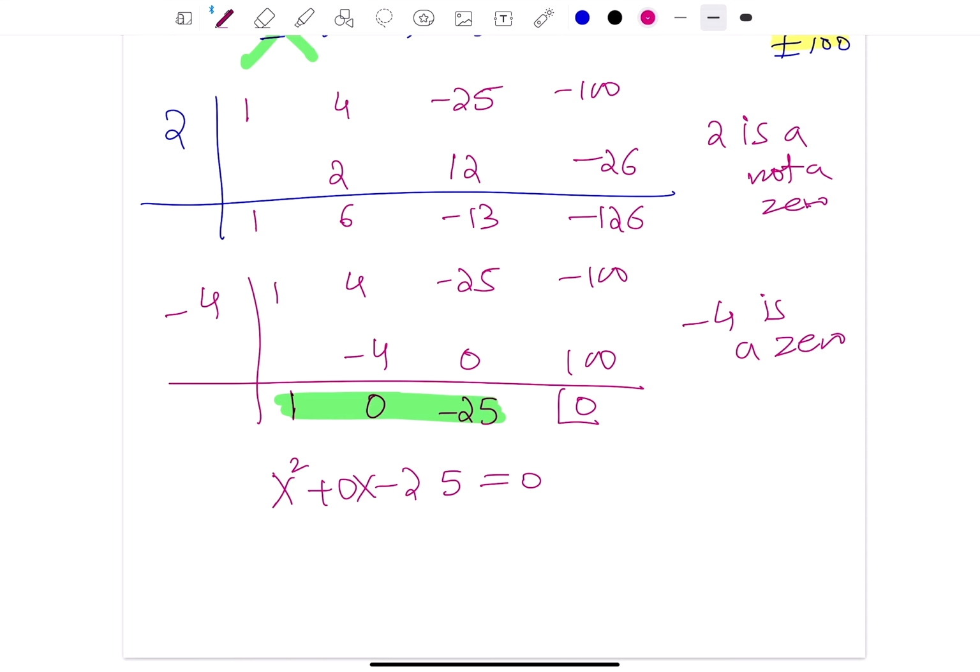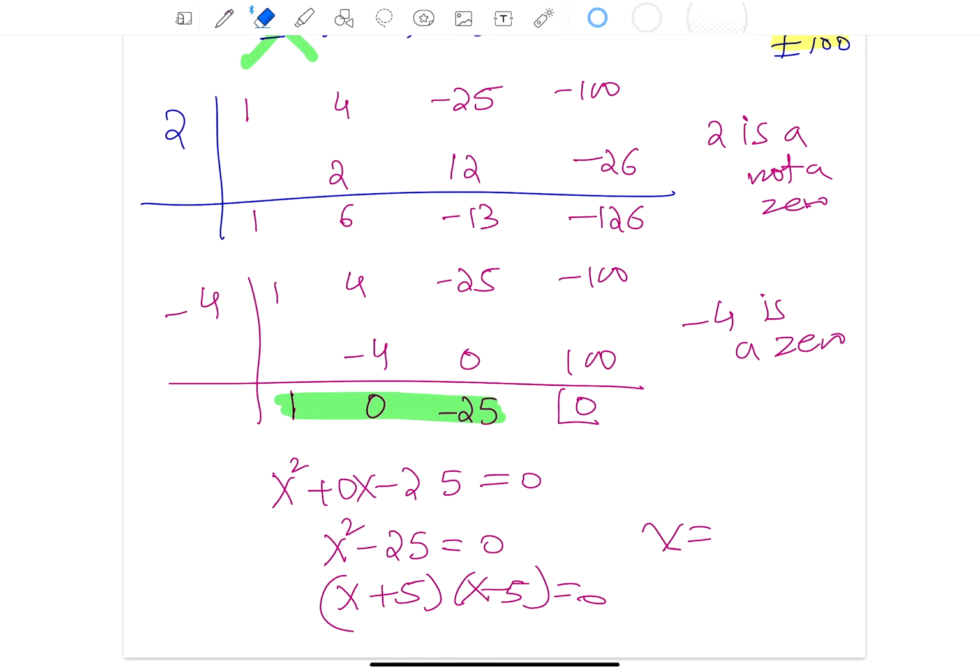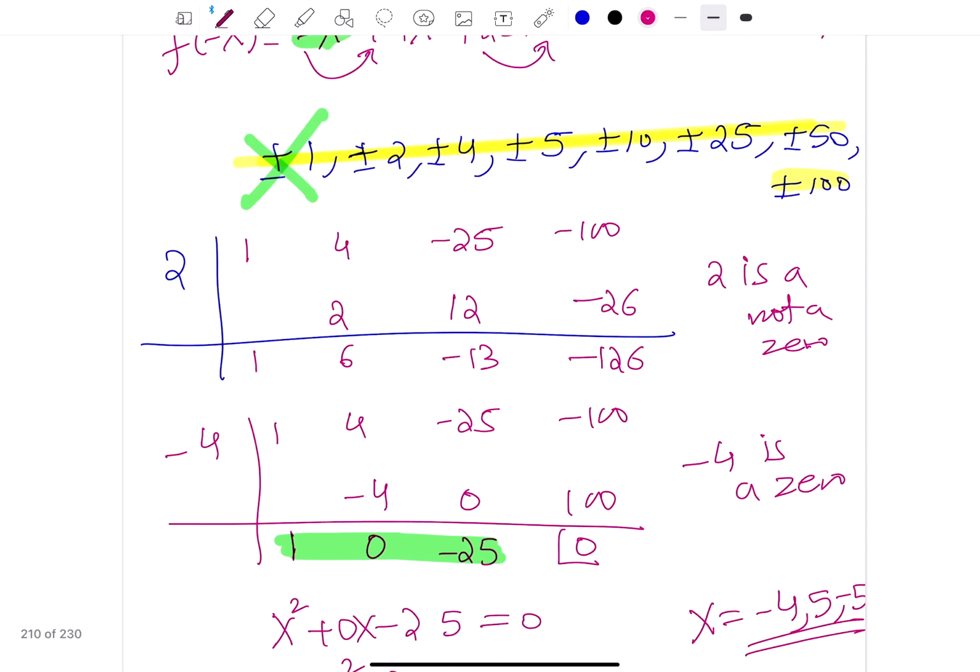So I do have a lower degree polynomial now, which is x squared minus 25 is 0, and that's factorable. x plus 5, x minus 5 is 0. So my zeros turn out to be x equals negative 4, 5, and negative 5. These are my 3 real zeros in this case.